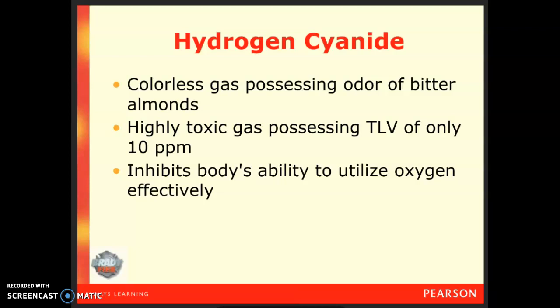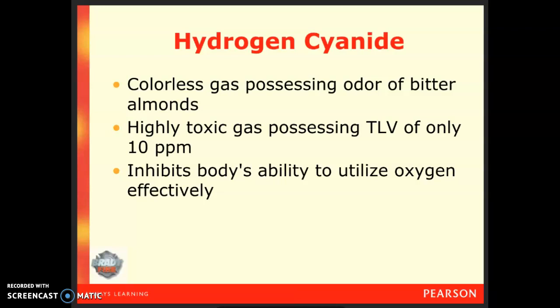It has an odor that is a lot like bitter almonds, but it is highly toxic. Its threshold value is only 10 parts per million. So 10 parts per million is not a terribly high concentration, and that is the maximum that you can encounter on a daily basis, all day, every day, without any kind of ill effects.